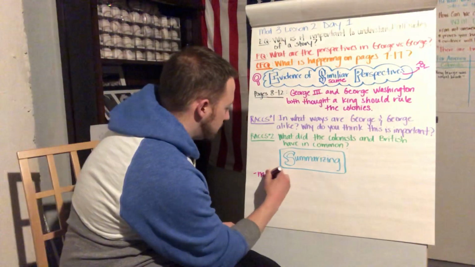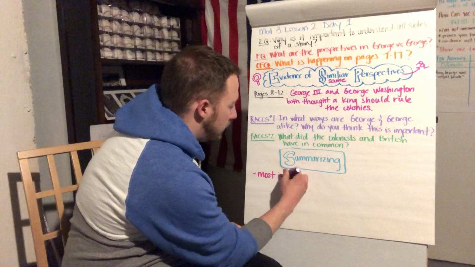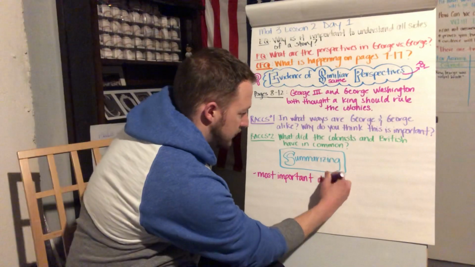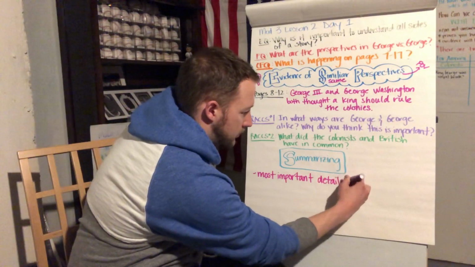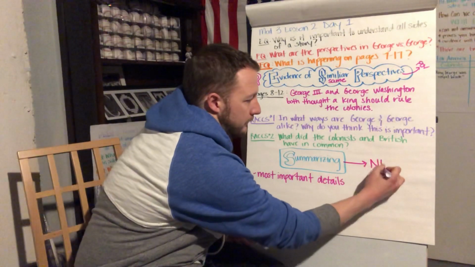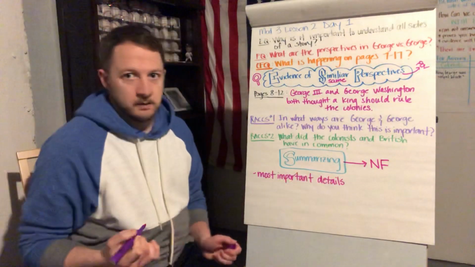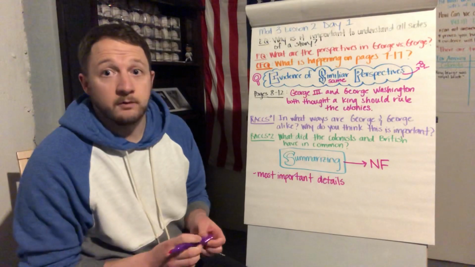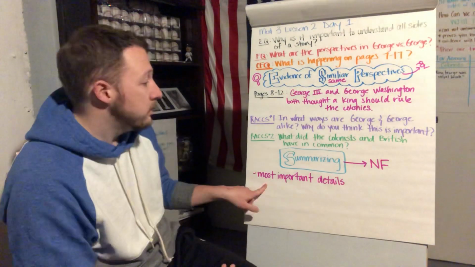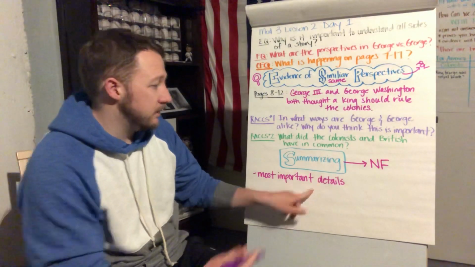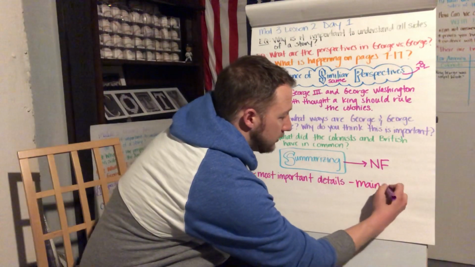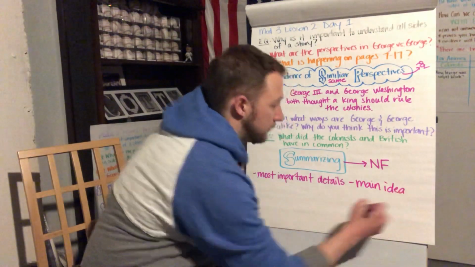The most important details. And this is a non-fiction text, which is important to remember because we give different summaries for fiction and non-fiction. So you need to give the most important details, but before that you need to give the main idea of the text.